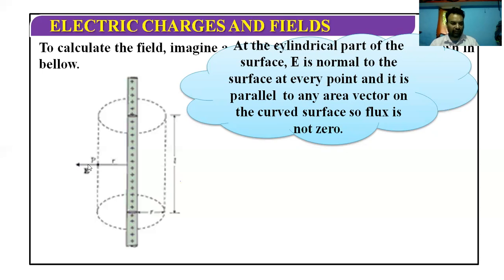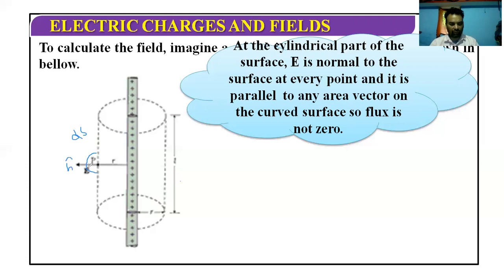So if I take any normal area vector, means I take a small area element over here, let me just draw. I take a small area element of the curved surface having area ds. If I draw a unit vector on this ds, so let me take a unit vector n on this area vector.